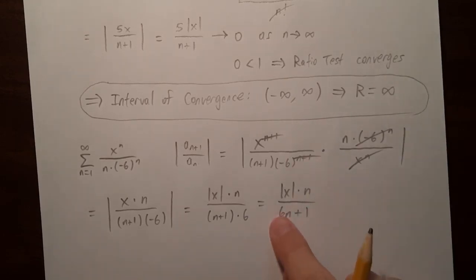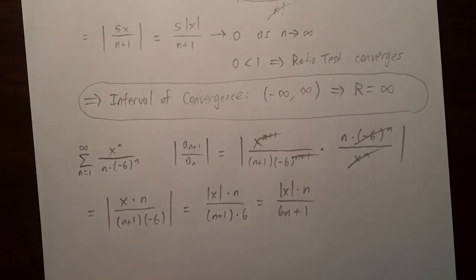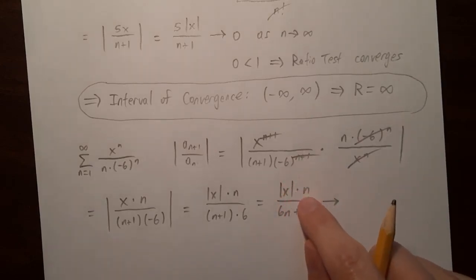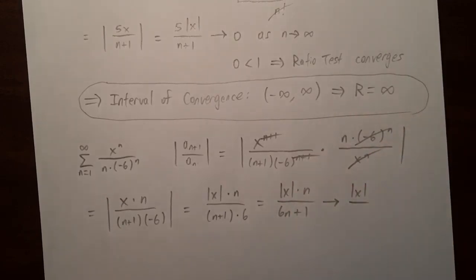And down below, it's also linear with coefficient 6. And since the top and bottom have the same degree, if we take the limit, again, as n, not x, goes to infinity, we just take the ratio of the leading coefficients. So that will be, I think, absolute value of x on top, and 6 on bottom.